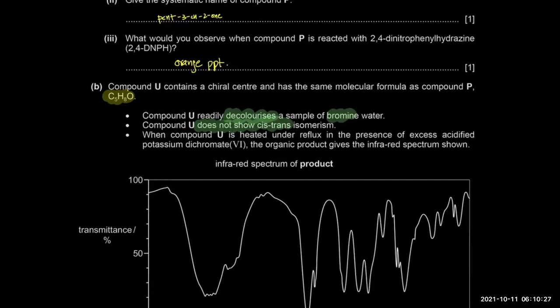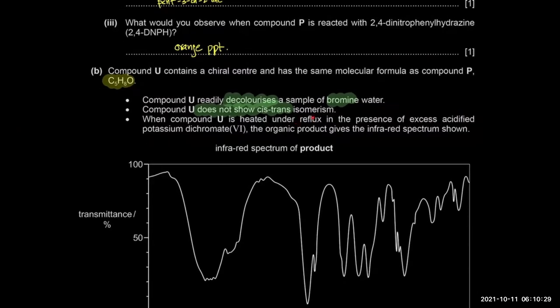And when compound U is heated under reflux in the presence of excess acidified dichromate, the organic product gives the infrared spectrum shown. So they're saying that when you oxidize compound U, you get this spectrum.